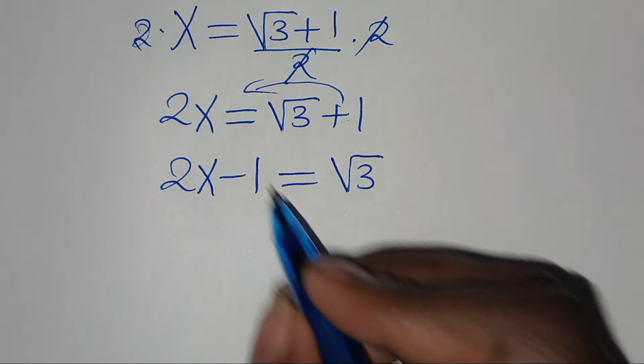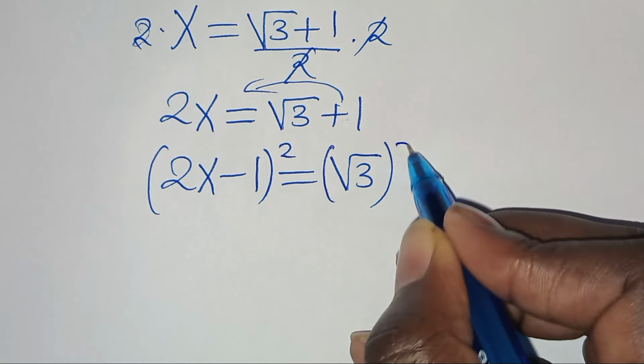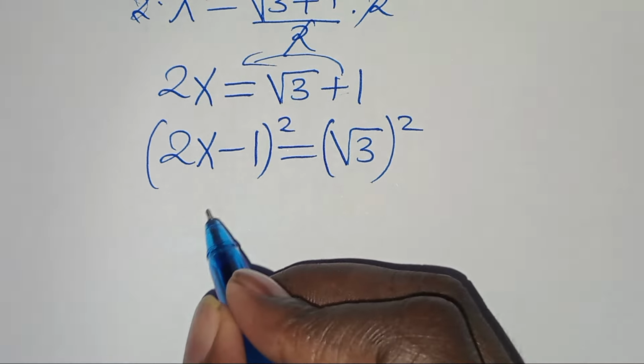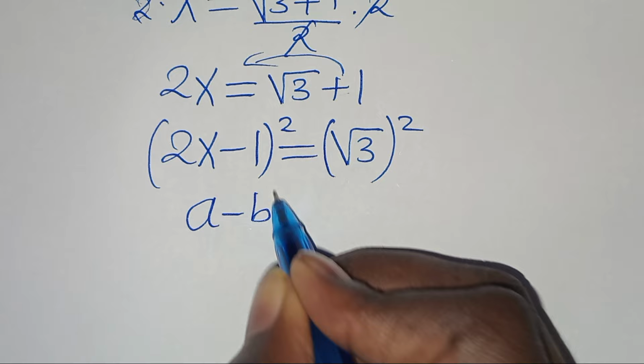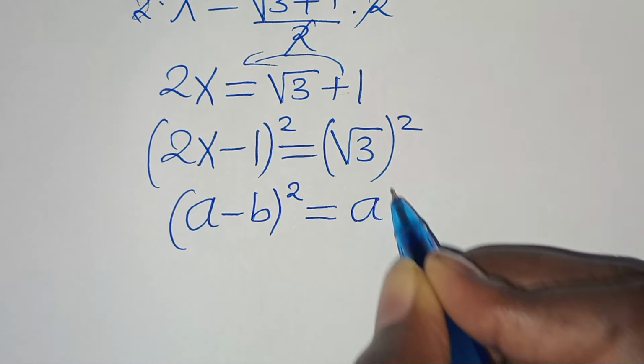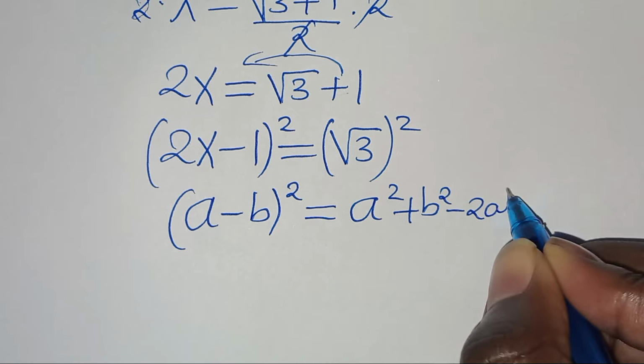The next step is to square both sides, so that now we have 2x minus 1 to the power of 2. This is in the form of a minus b to the power of 2, which we can express as a squared plus b squared minus 2ab.